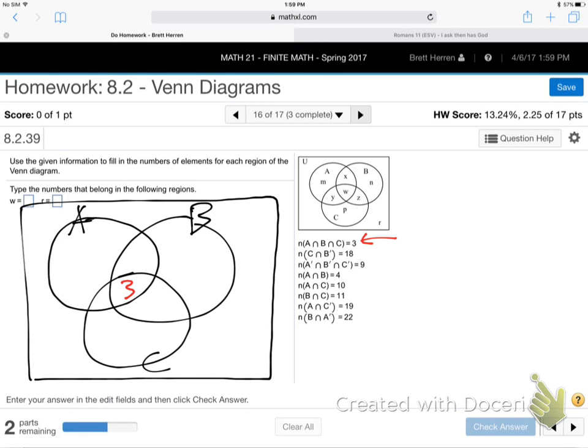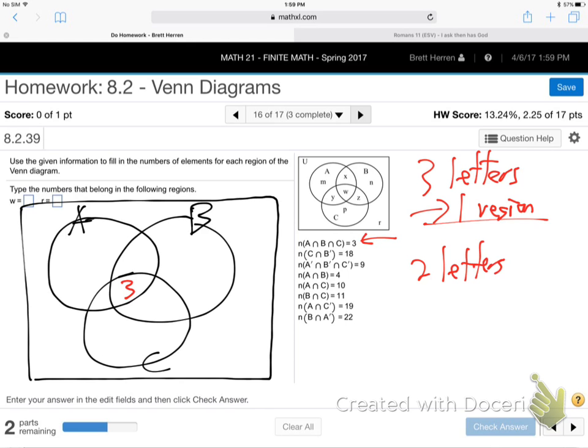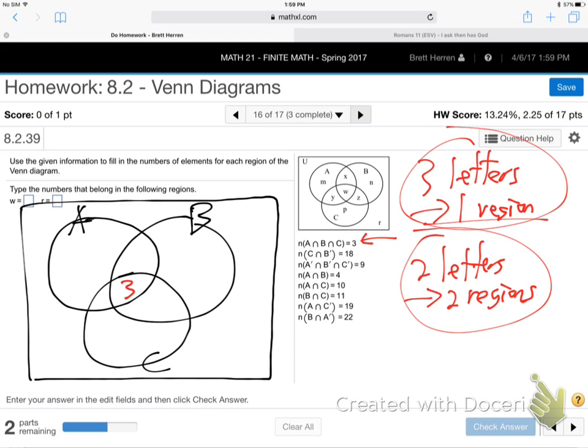Okay. Let's work our way backwards. Now remember this. If they give you three letters, that will mean one region, one what we call basic region. If they give 2 letters, that'll mean 2 regions. I think it'll be really helpful if you remember that. If they tell you 3 letters in some kind of a statement, that's what they did here, right?